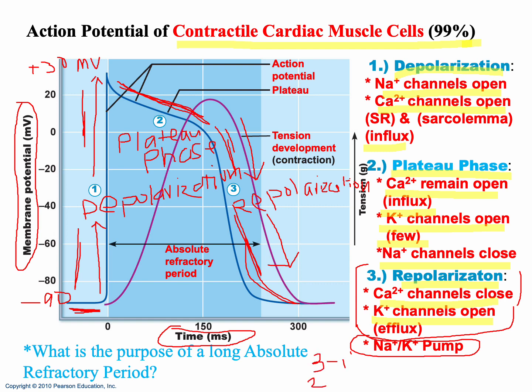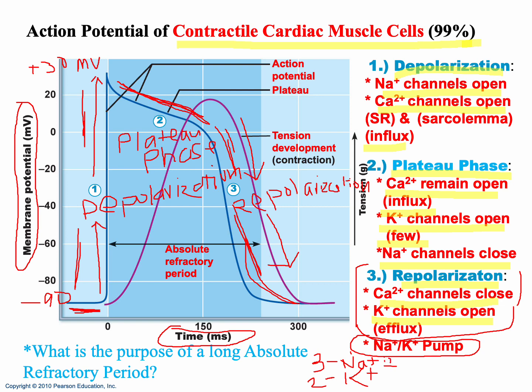So it's a matter of 3 sodium ions are going to go back to the outside of the cell in comparison to the potassium ions. They need to go back into the cardiac cell.